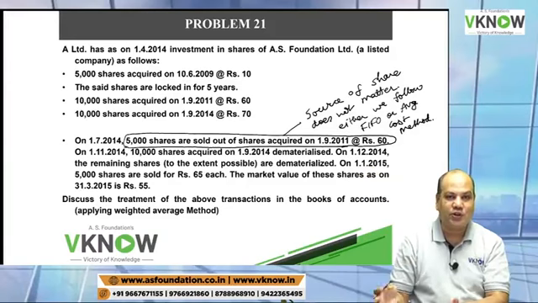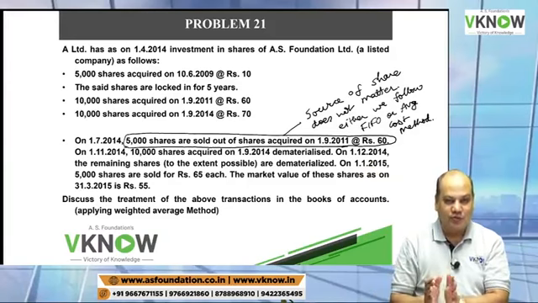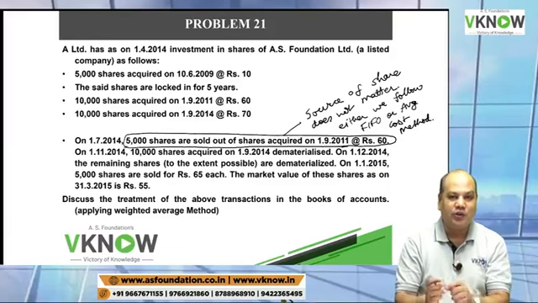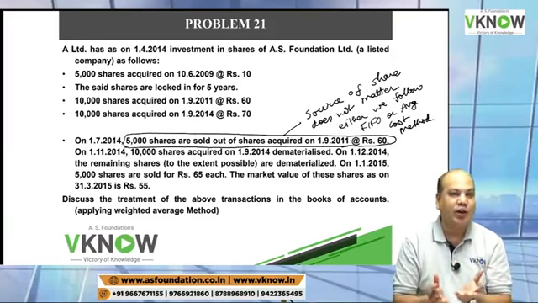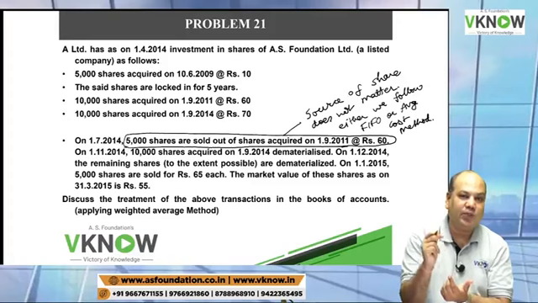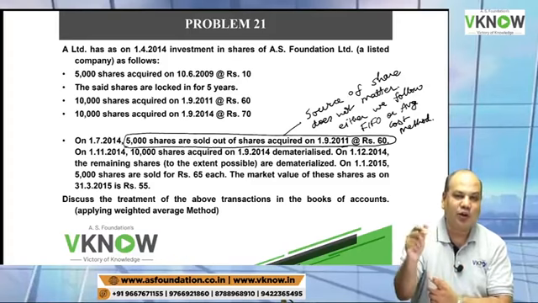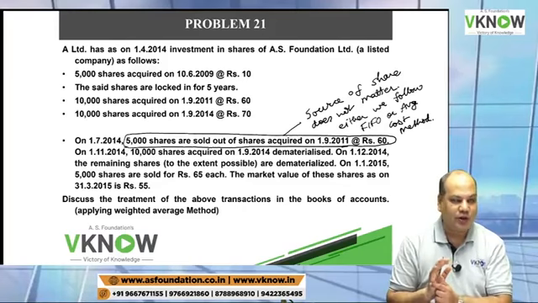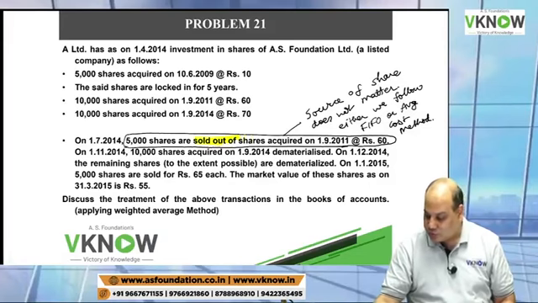There is a process given in AS 13, and that process says if you are a long term investor, apply average cost. Average cost means every time you purchase, calculate the average cost, and that average cost will be applied to all the sales made and for valuation of closing investment. That is what we have done. This sentence is given to confuse you.